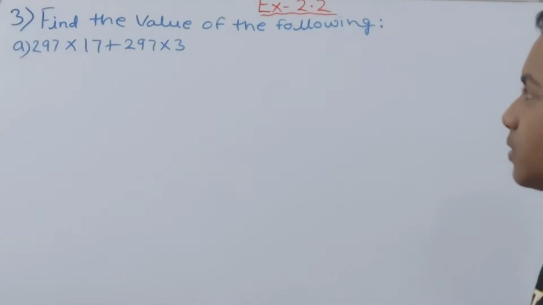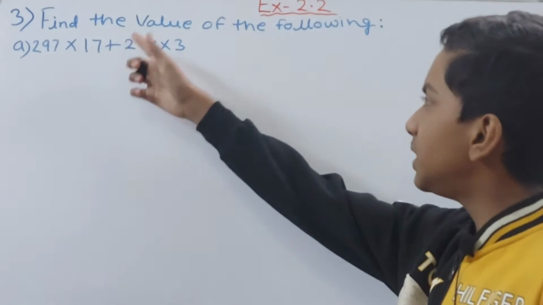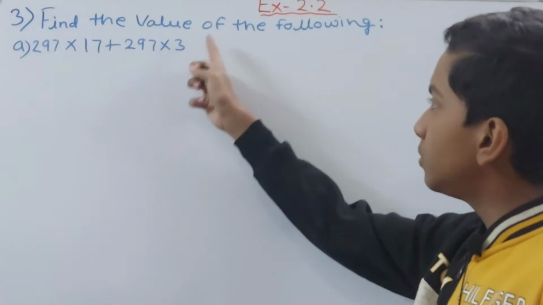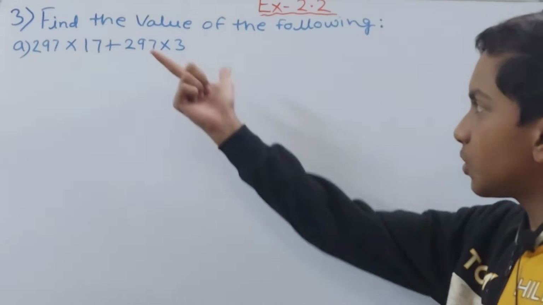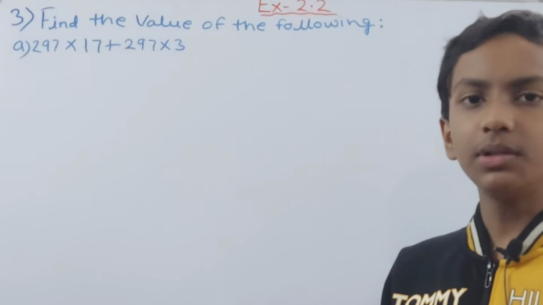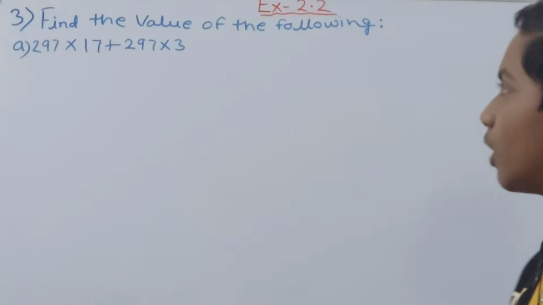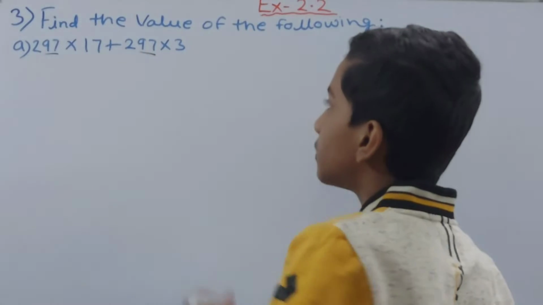Okay, so now what can you say in this? It is 297 into 17 plus 297 into 3, right? So we need to see what is common in here, and then we will make that common and then we will solve. So let us see how we solve. Now you can see here 297 is coming 2 times, right?